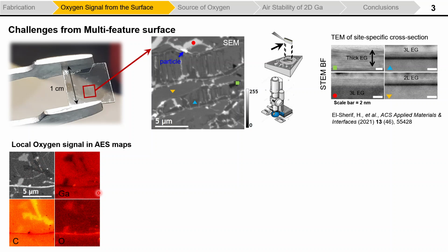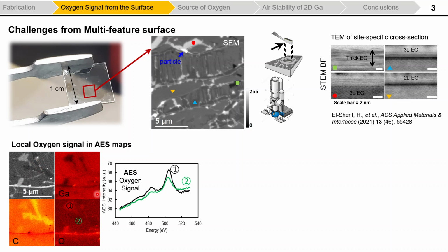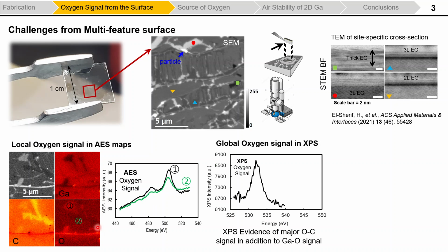But what's interesting in this presentation, and what we need to discuss in detail, is the oxygen signal. In this oxygen signal, especially point 2, we still see oxygen co-located with gallium, and that was repeatable when we did XPS as well.